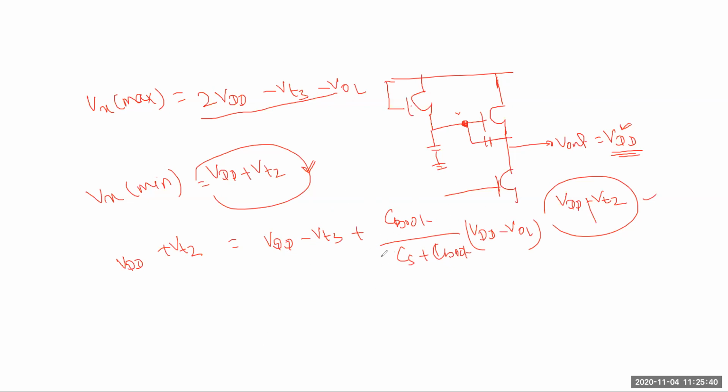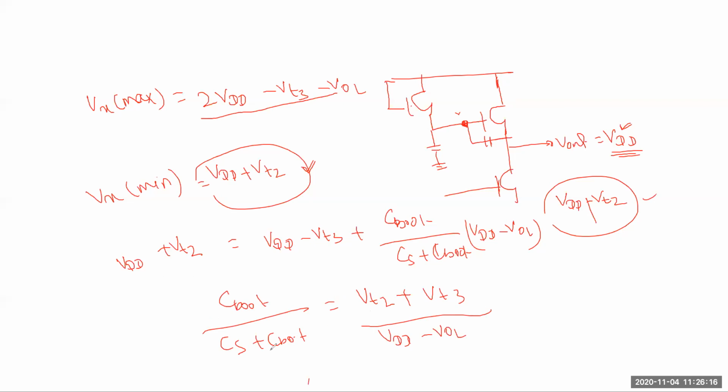If we properly arrange this, finally you will get C boot by CS plus C boot is equal to VT2 plus VT3 by VDD minus VOL. So VDD and VT2 cancel, and this will be the final thing.